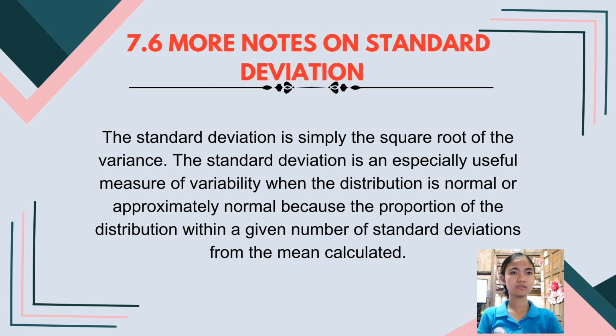7.6 More notes on standard deviation. The standard deviation is simply the square root of the variance. It is an especially useful measure of variability when the distribution is normal or approximately normal because the proportion of the distribution within a given number of standard deviations from the mean can be calculated. The standard deviation measures how spread out the data is around the mean.